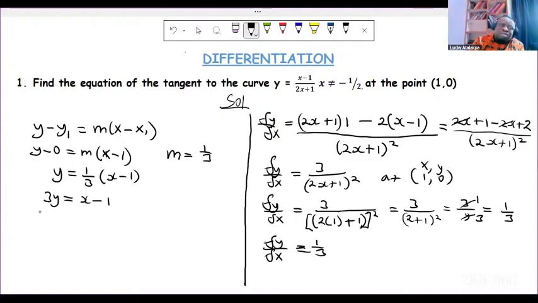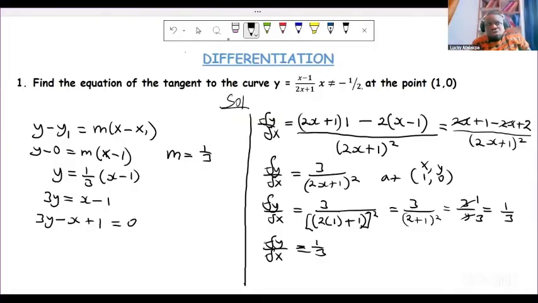So you can put everything together as 3y minus x plus 1 equals 0. This becomes the equation of the tangent to the curve. Is that taken? All right, so that is the first question.